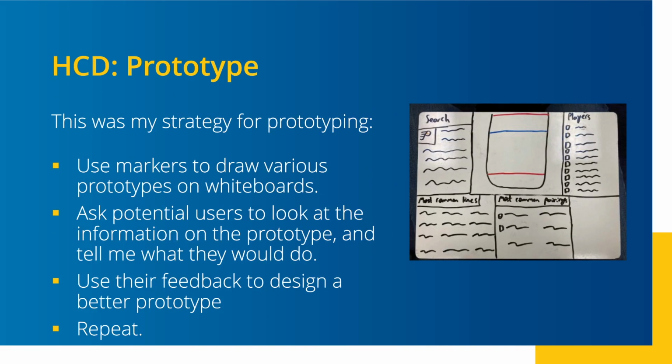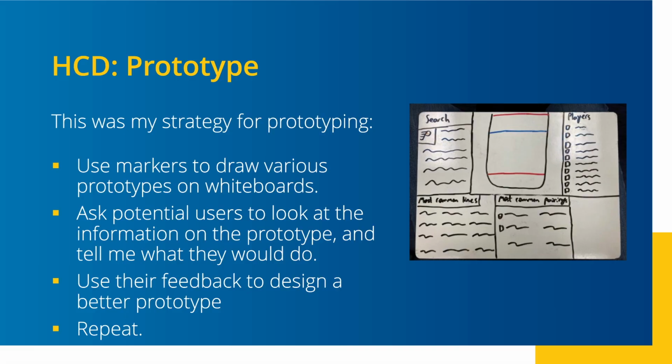And then next up, I prototyped. Once I had a bunch of ideas of the different things I wanted my application to do, I needed to figure out how I wanted to lay them all out. My basic strategy for prototyping is I have a whole bunch of whiteboards and whiteboard markers, including a bunch of small ones which are really versatile and useful for things like this. I used markers to draw a variety of different prototypes on these whiteboards.